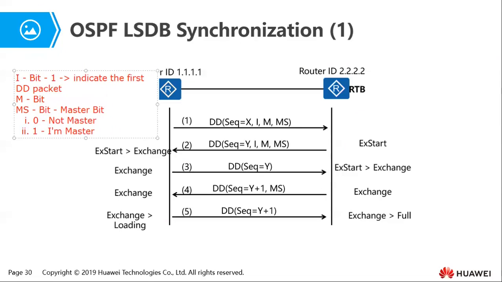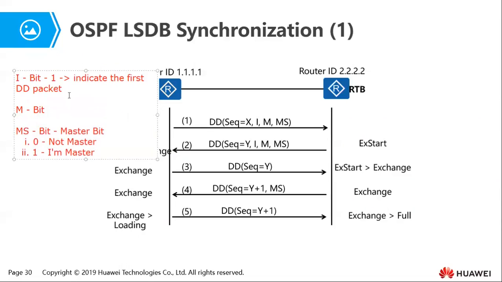It simply means that this is the first DDD packet, and therefore it's set to 1. If it's not the first DDD packet, then it's not going to be set. That's why in these other packets like number 3, number 4, number 5, we don't have the I-bit set, because this is not the first.